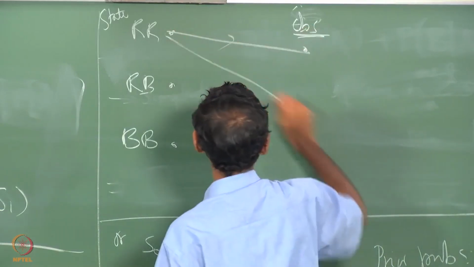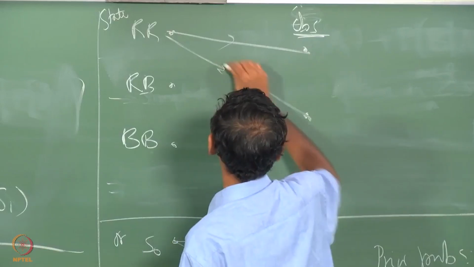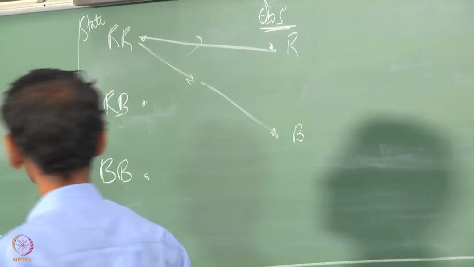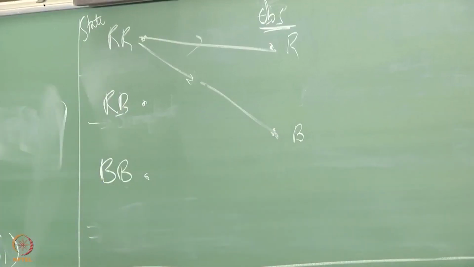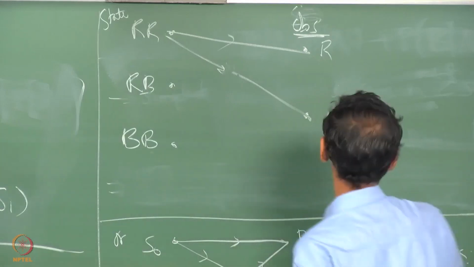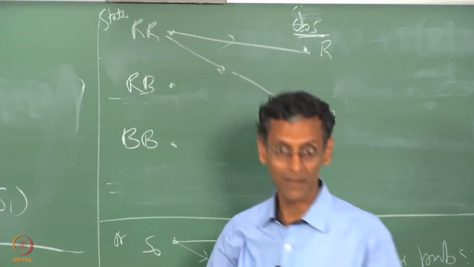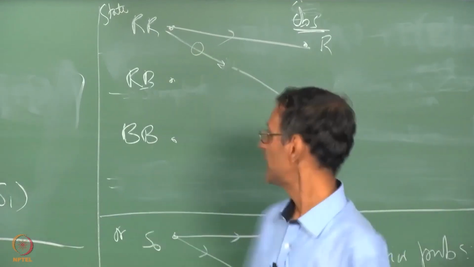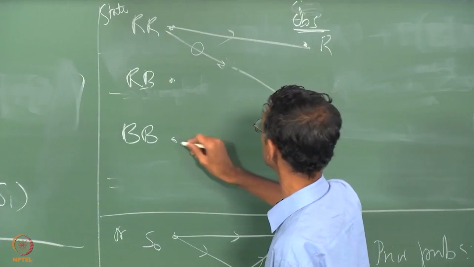Here we can draw these connections, but some of these connections will have 0 probability. For example, regardless of the prior probability of selecting RR, RB or BB, you cannot get to B from RR. So this is clearly going to be 0. Similarly, from BB you cannot get to R. So that also will be 0.